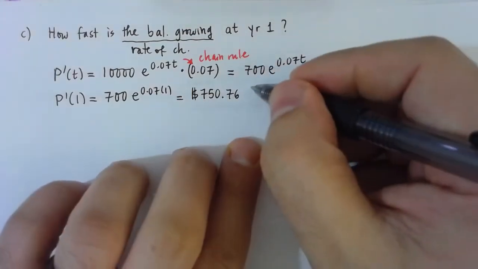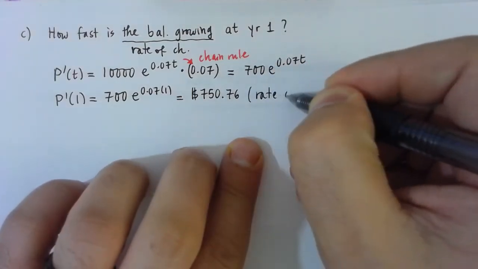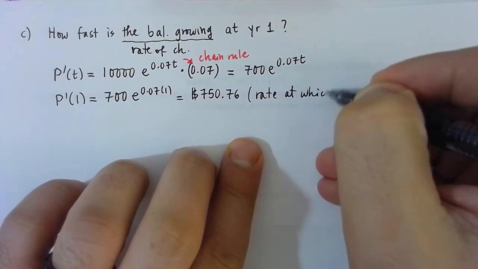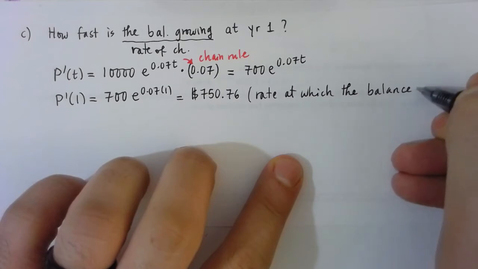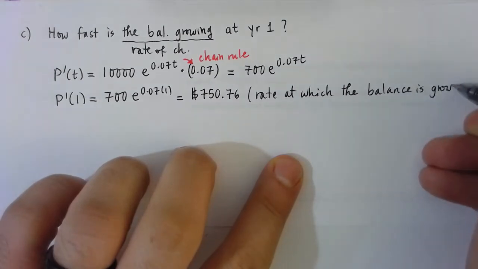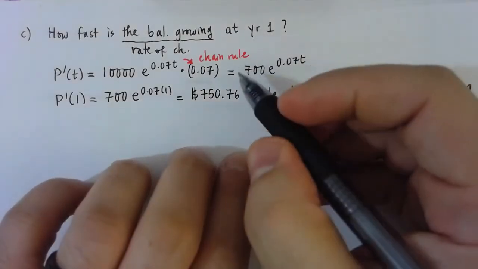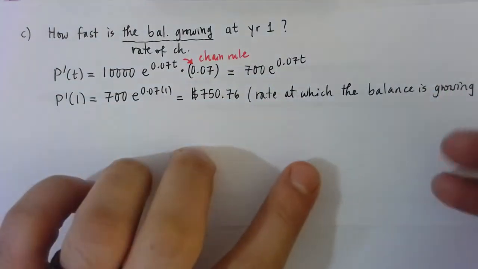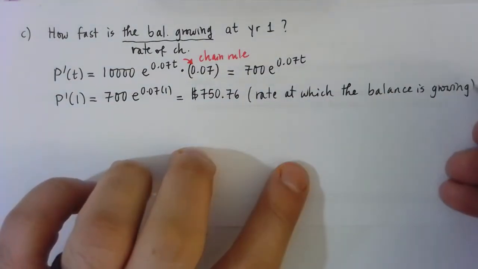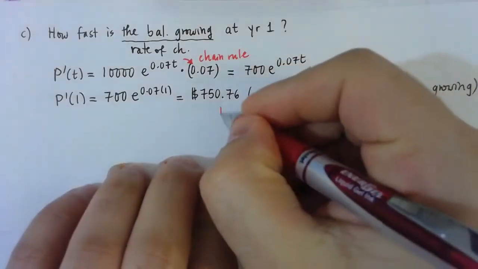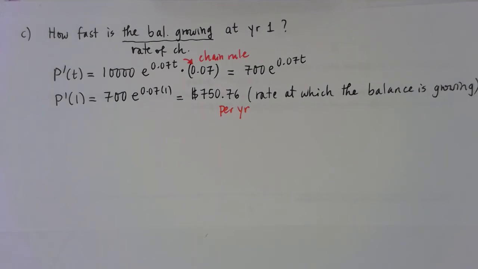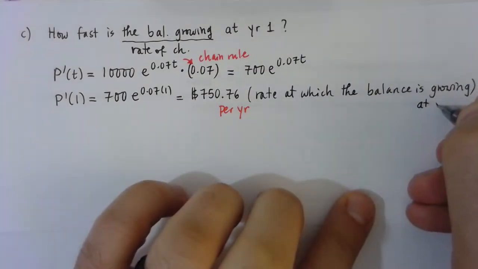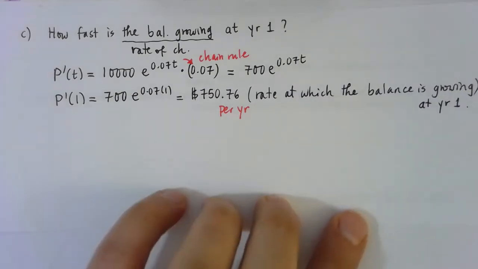So this is the rate at which the balance is growing, and this is of course dollars per year. This is the rate at which the balance is growing at year 1.